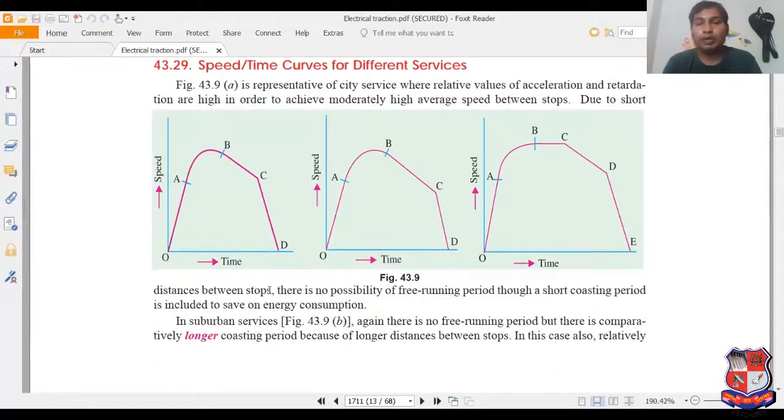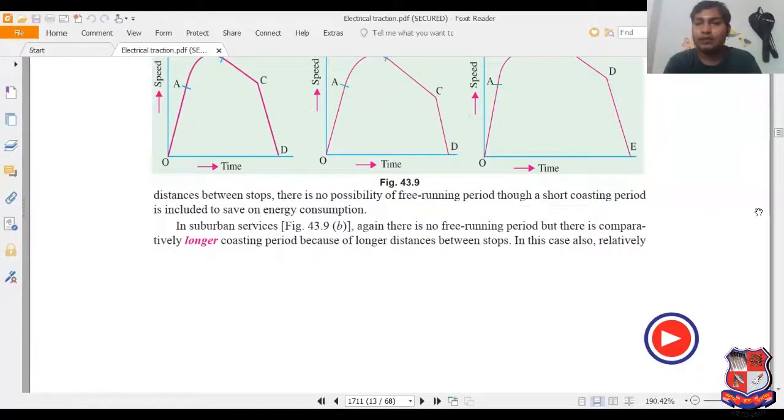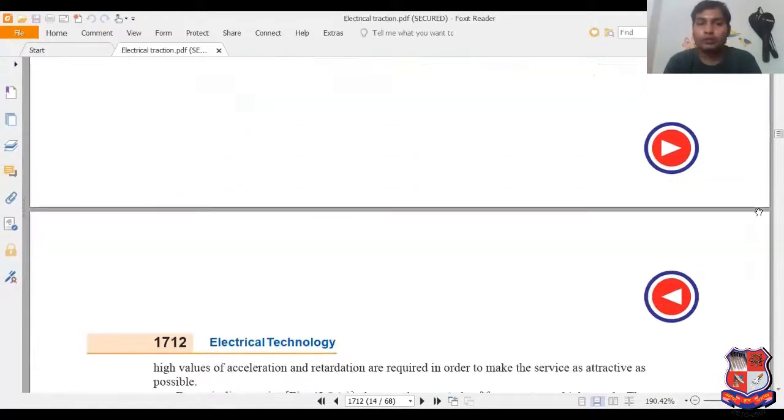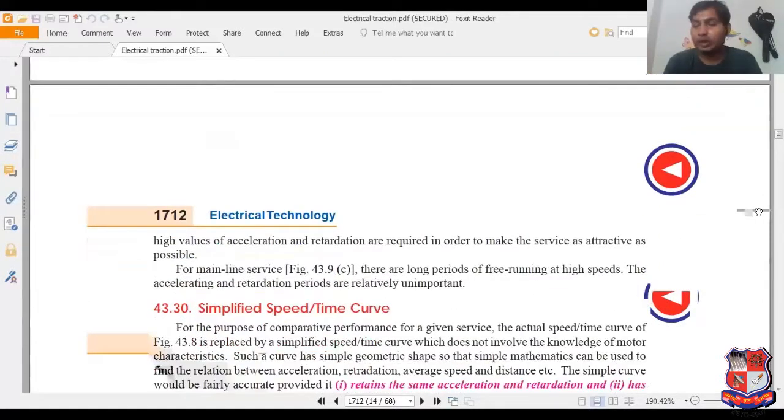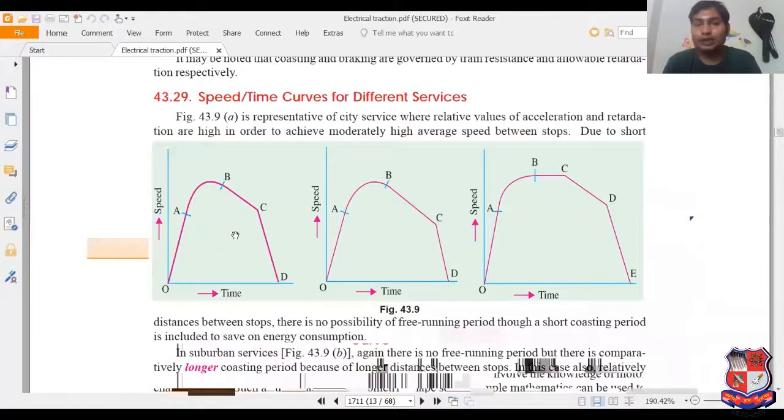So by this we can calculate the distance traveled by different trains for different service lines. But as you can see, these graphs are not ordinary, and we are not aware of these kinds of graphs.